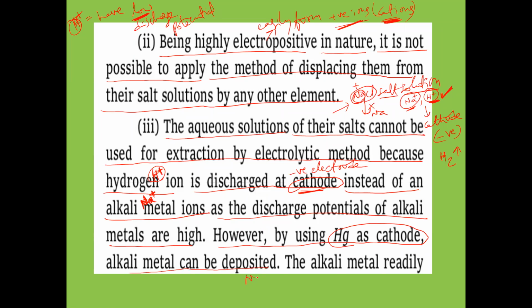And this alkali metal will combine with mercury. Then what will form? Sodium amalgam will form. So if you take mercury as the cathode, what can we understand here? When we take a mercury cathode, we get sodium.